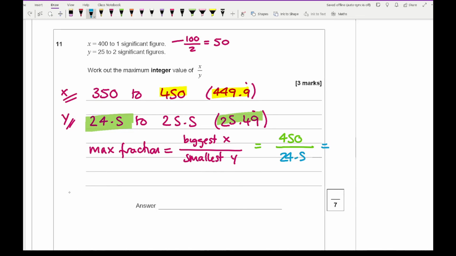Working that out, I get an answer of 18.3673 and so on. Now the question asks for the maximum integer, so the maximum integer is going to be 18, and that concludes the end of this number audit.